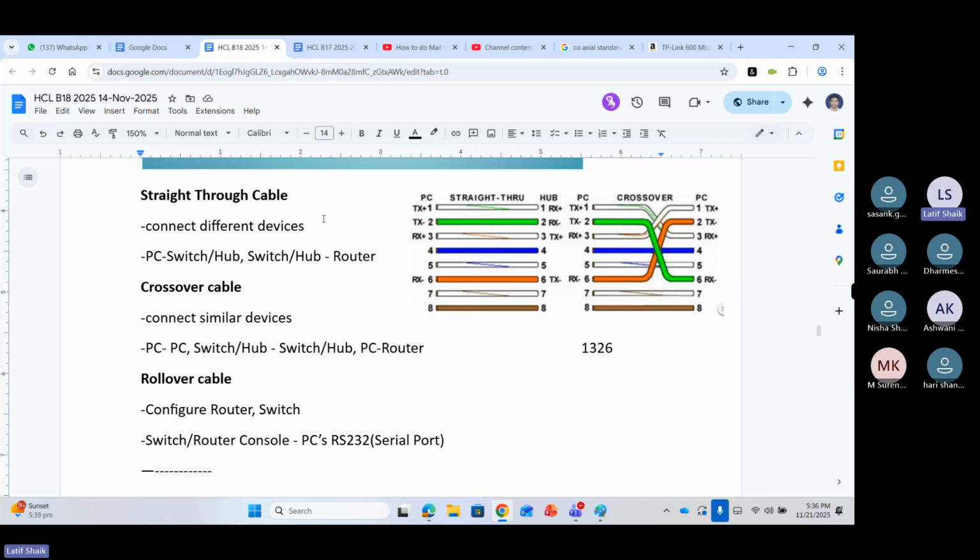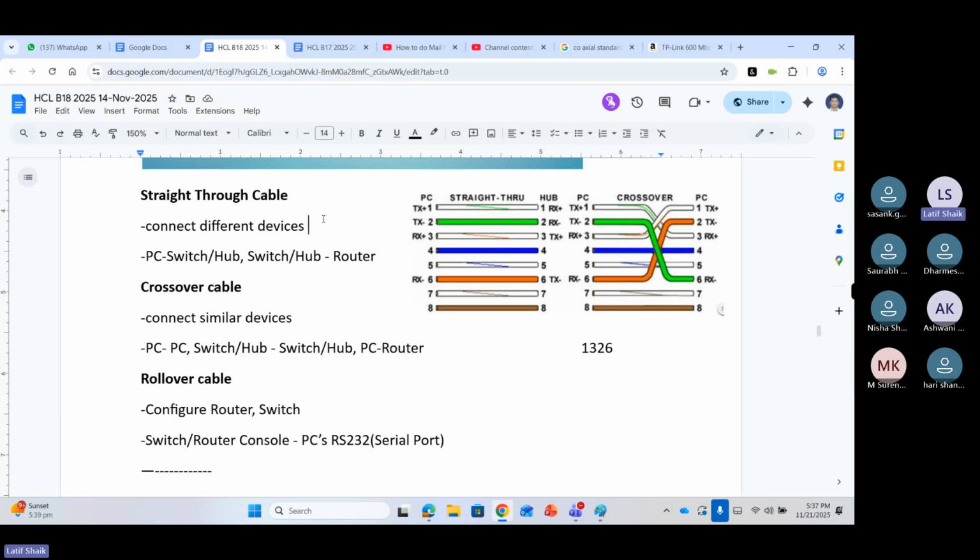The second pin color on one side is the sixth pin on the other side. That's 1, 3, 2, 6. Follow the same color, reverse also: 1, 3, 2, 6 colors.